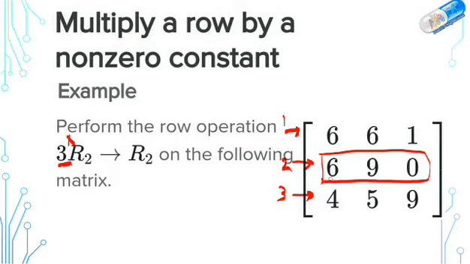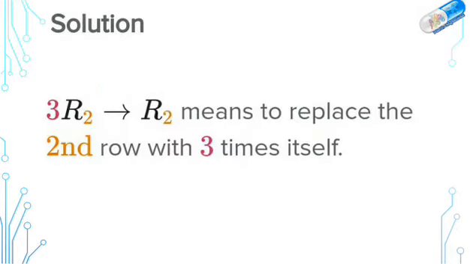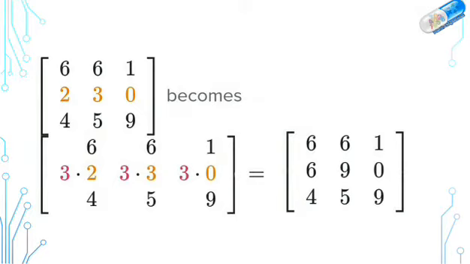So we will multiply this row by 3. So each number in this row will be multiplied by 3. So 3R2 goes to R2 means to replace the second row with 3 times itself. So the answer will look like this. If this is the original matrix, we're going to multiply each number in the second row here, with the yellow color, times 3 each.